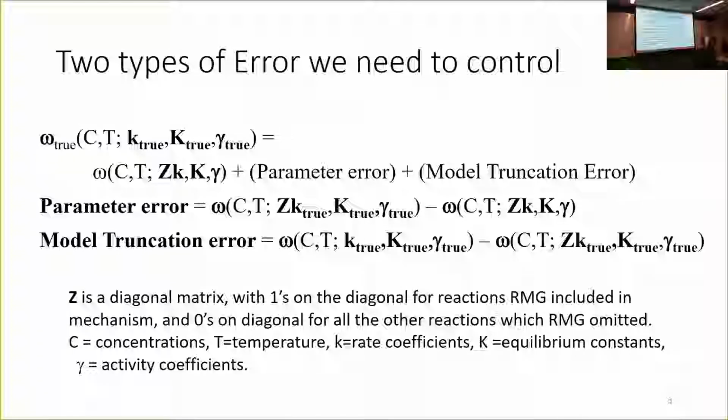Now, what we have from, say, RMG, our model's omega, is different from the true omega by 2 terms. One term is because the rate coefficients and the thermochemistry and the activity coefficients that we have in our model are different than the true values. So the numbers in the model are not true, are not correct.